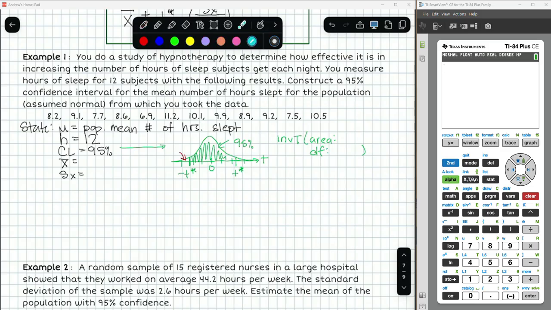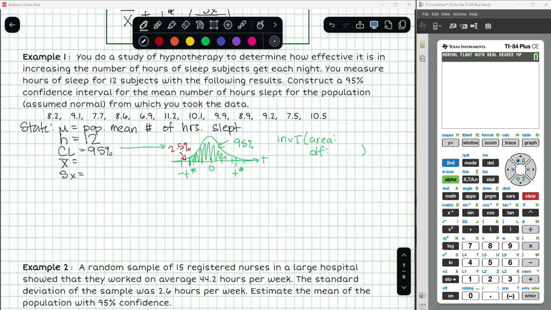And I know this curve is symmetric. So if I've got 95 in the middle, that leaves me with 5% for the tails. Half of that 5 goes here, half of that 5 goes here, and half of 5 is 2.5. So that's 2.5% in my left tail, my lower tail.